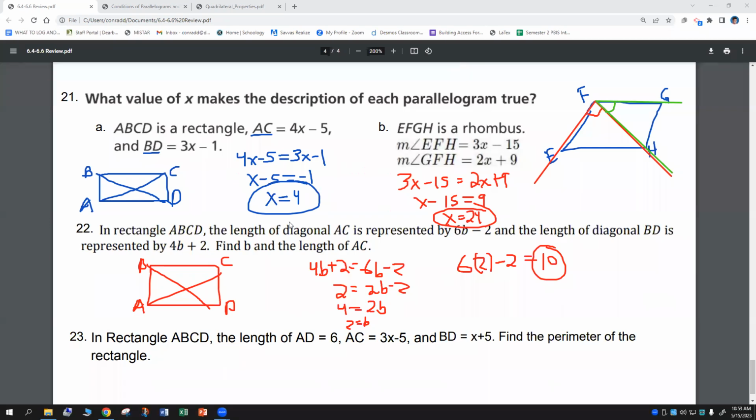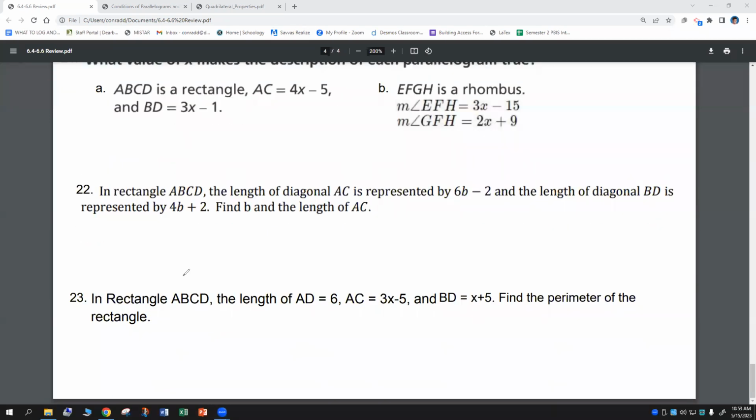All right, last one. I'm going to draw this one up here just so we have room. So ABCD. The length of AD is 6. And the length of AC is 3x minus 5.